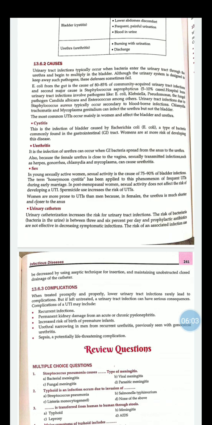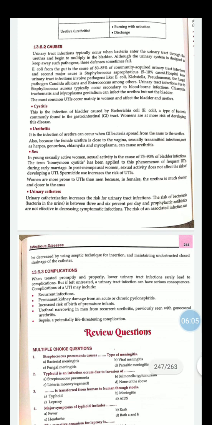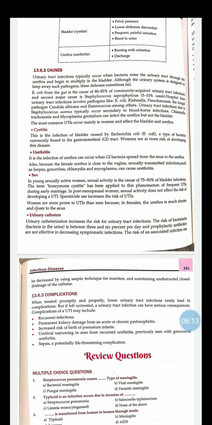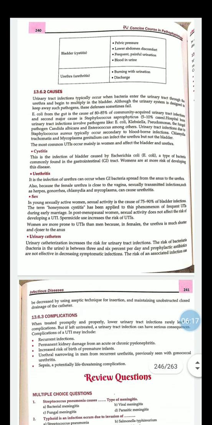The most common urinary tract infection occurs mainly in women and affects the bladder and also the urethra. First, cystitis, which means infection of the bladder. Before that, E. coli from the gut is the cause of 80 to 85% of community-acquired urinary tract infections. E. coli is the main cause.